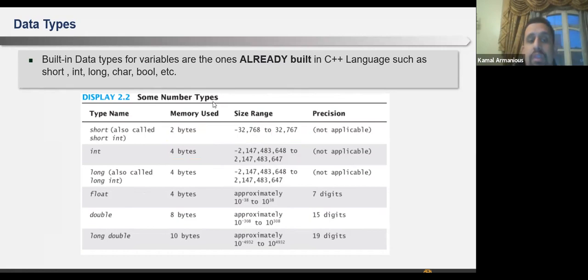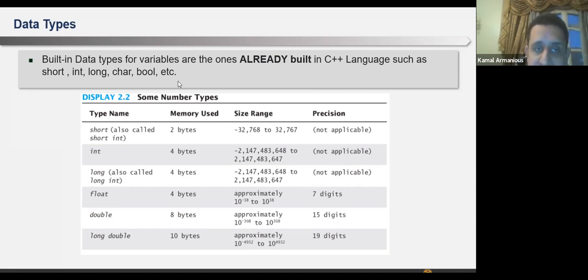So we have the type of the variable. We have how many bytes are allocated for this variable. We have the minimum and maximum ranges for those variables. What is the minimum value that you can put in this space, and what is the maximum value?